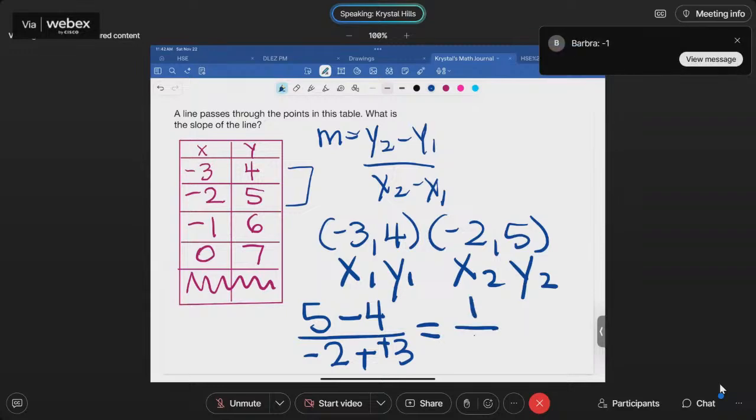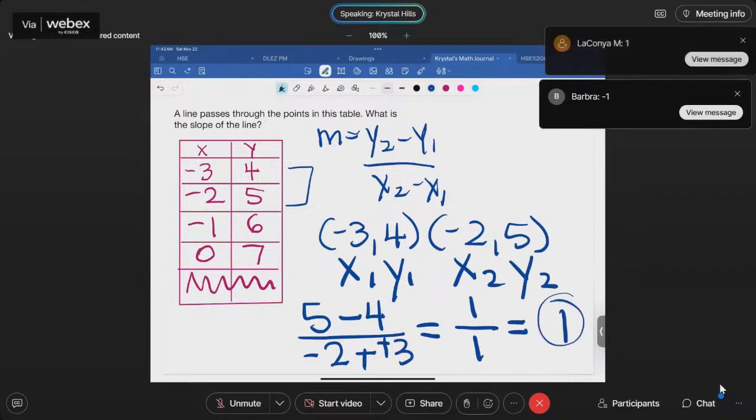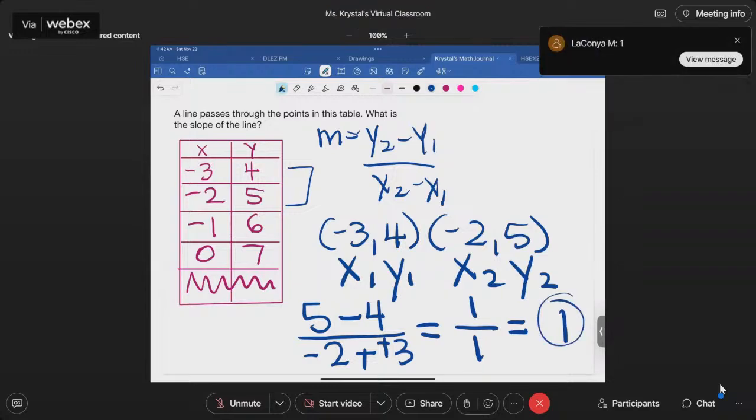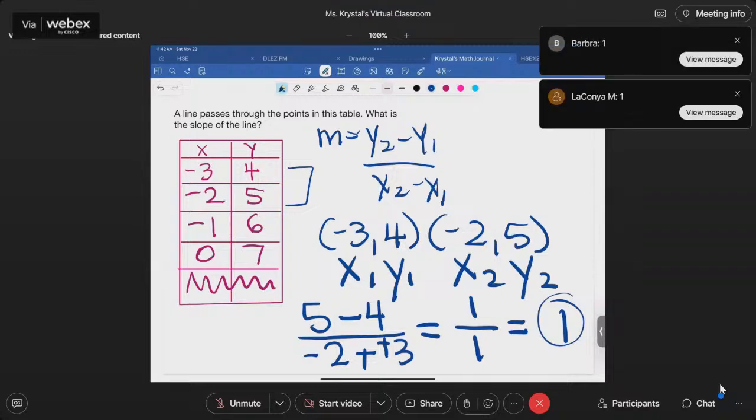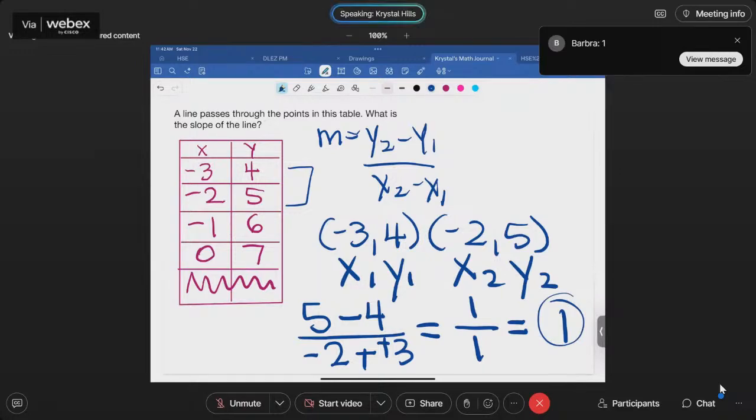Negative 2 plus 3 is 1. And 1 divided by 1 is 1. Our slope is 1.